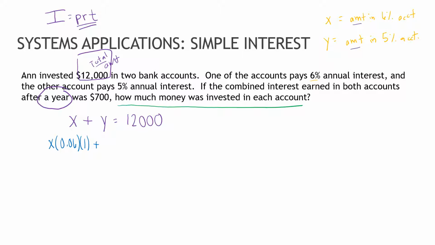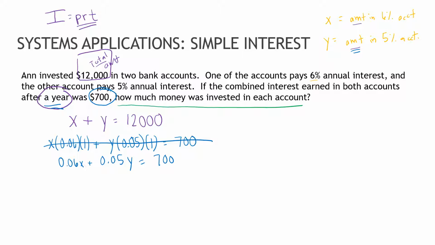For the Y account, the interest is principal, which is Y, times rate, 0.05, times time, again 1 year. In this case, I don't have to take the 12,000 times anything because they already tell me that total was 700. So there's my two equations. And again, I can rewrite this guy to be 0.06x plus 0.05y equals 700. So that's simplified just a little bit.